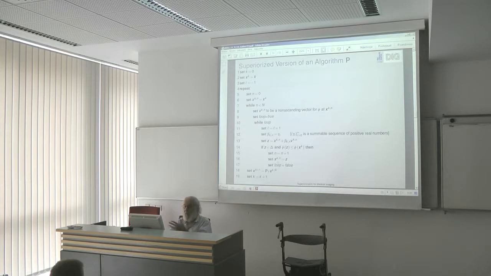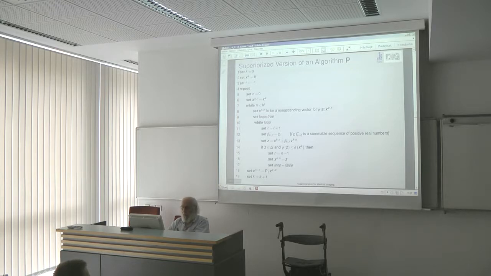Most important, otherwise this would be just an algorithm which would just be going round and round in this while loop. So you jump out of the while loop. You certainly will jump out of this while loop because at the end of each iteration, you increase n by 1, so you eventually get here. So this is an honest-to-goodness algorithm that produces an infinite sequence.